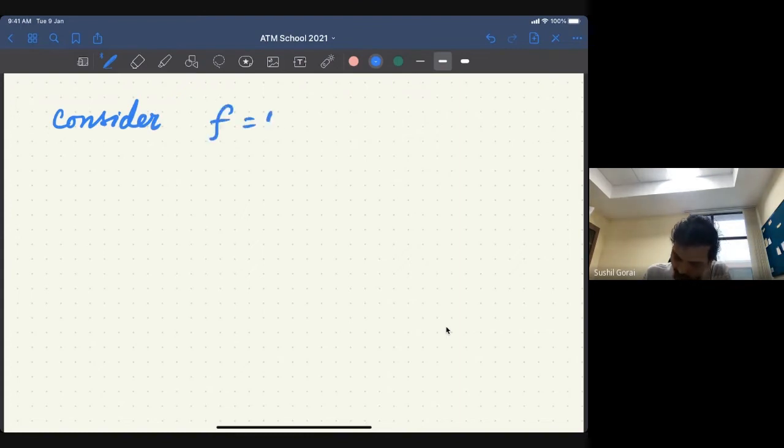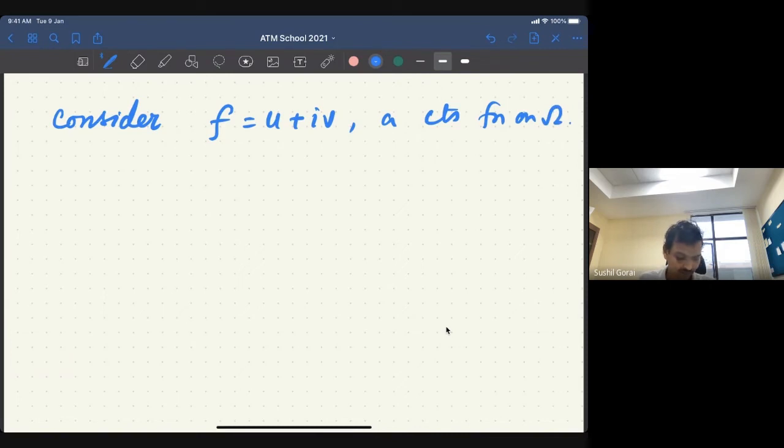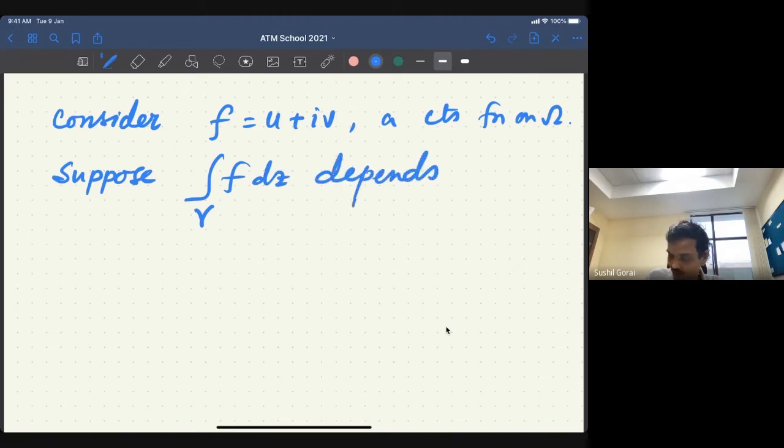So now an application. Consider f to be u plus iv, a continuous function on omega. Suppose the integral of f over gamma dz depends only on the endpoints.